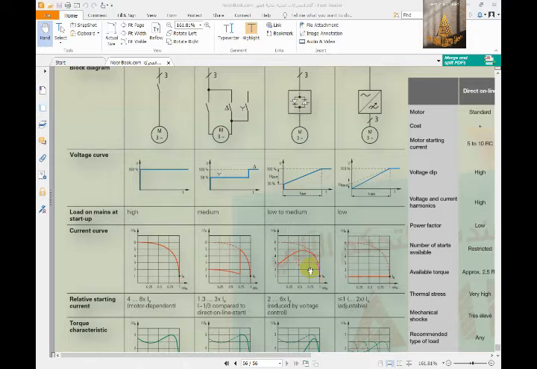So according to current, the star delta will be more safe and have a lower current ratio than the soft starter, according to this curve between 2.